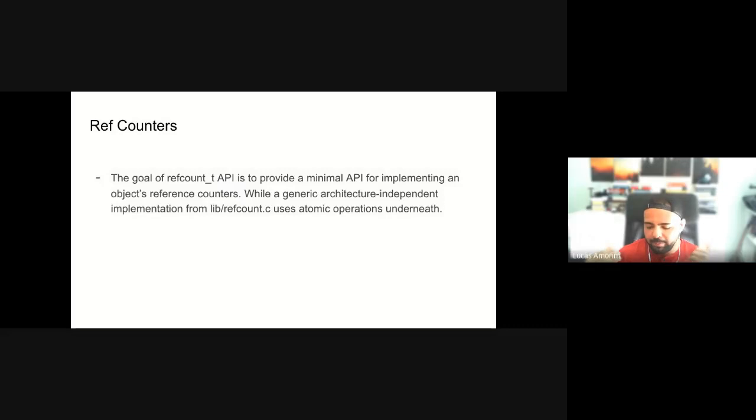It is a way of avoiding things like double free or use after free. But it can also be a problem because sometimes it can get out of sync and be released while there are still other areas of the kernel using it, and we're going to see that later in this talk.